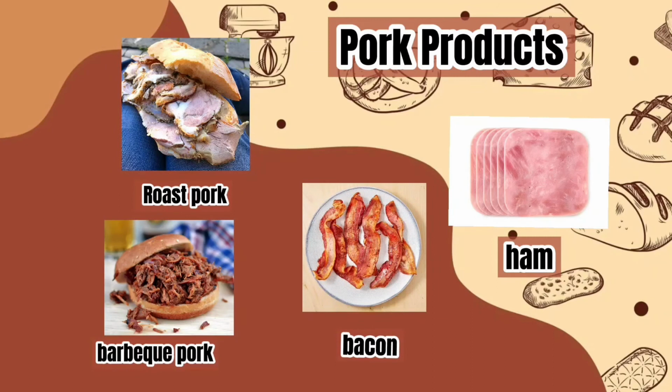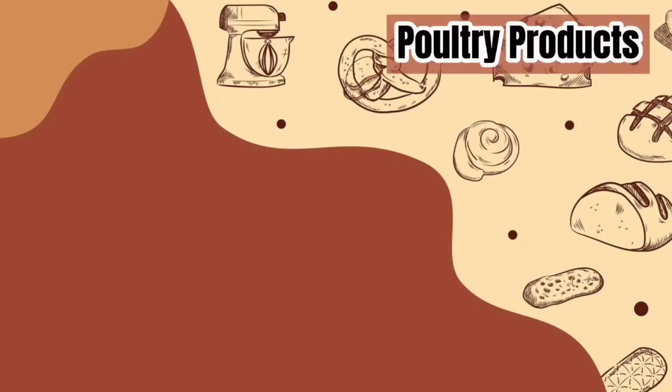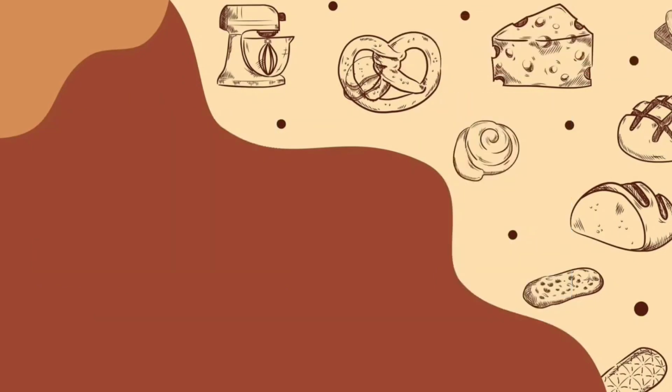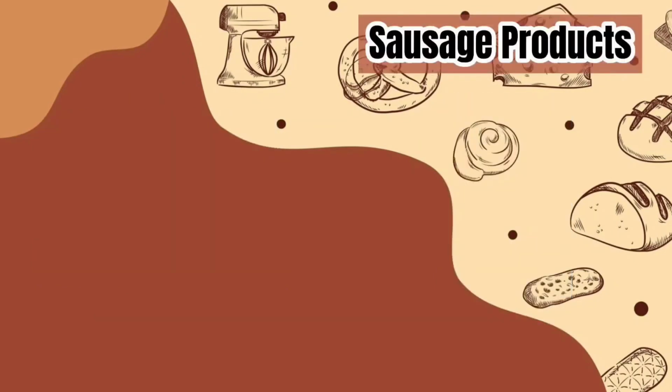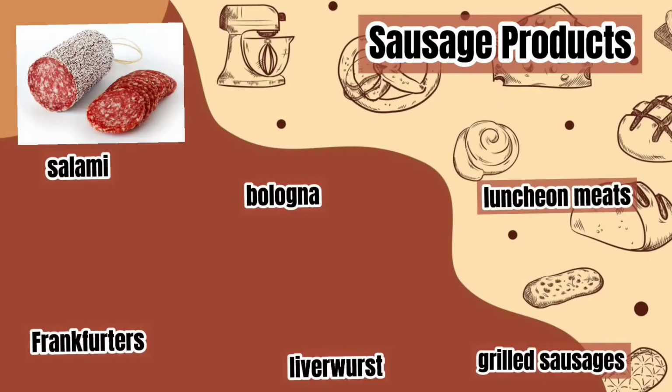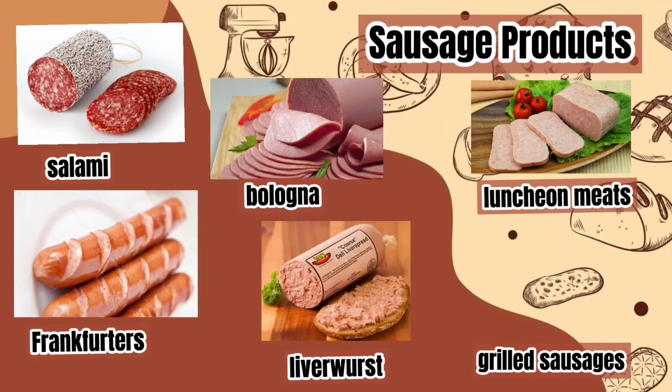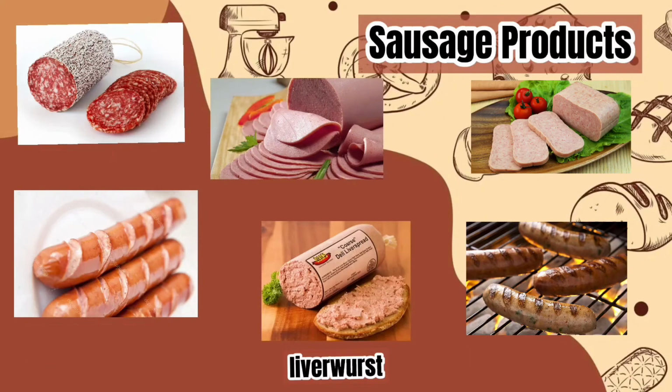These are roast pork, barbecue pork, ham, and bacon. Number 3, poultry. This includes turkey breast and chicken breast. Number 4, sausage products. These are salami, frankfurters, bologna, liverwurst, luncheon meats, and grilled sausages.